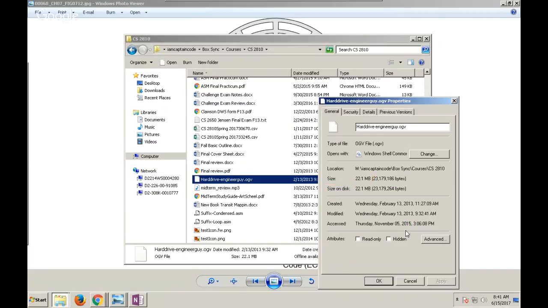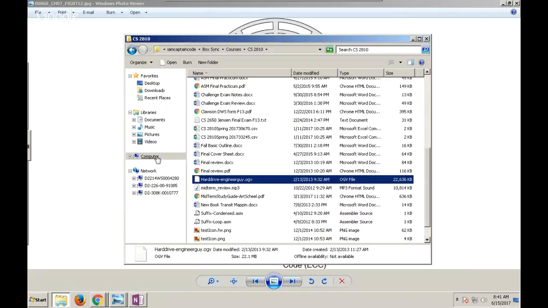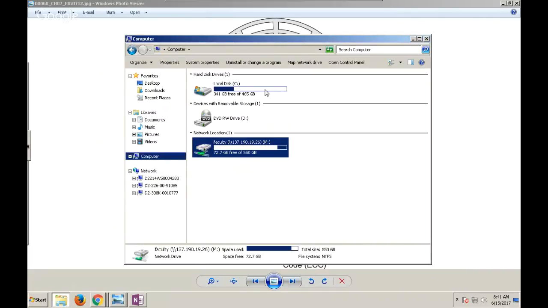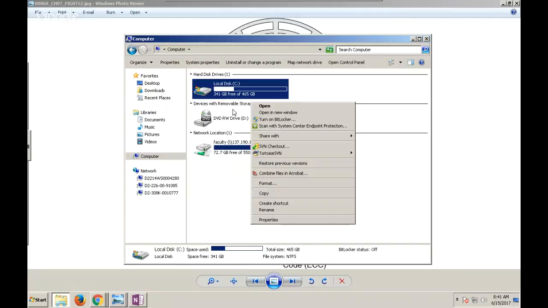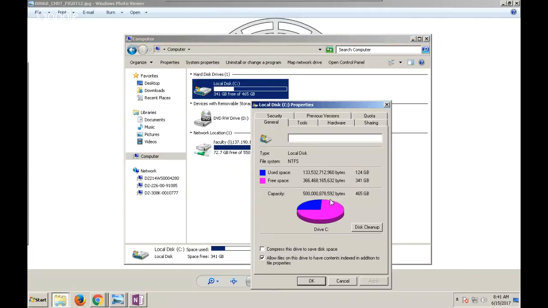So you may find that, say, if you were looking at the C drive here, you'll find that used space would go up without actually storing more stuff. But the total capacity itself is not going to change.